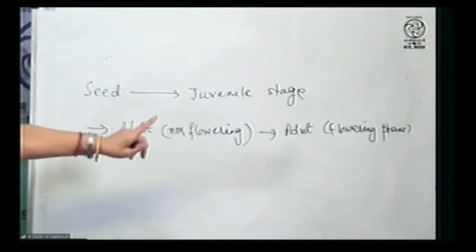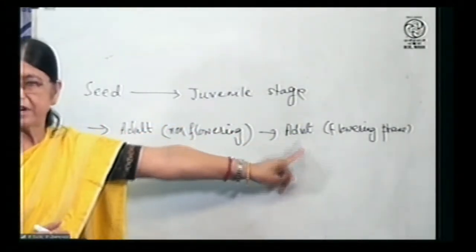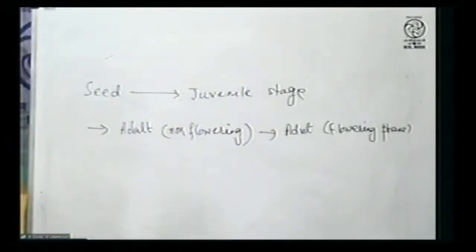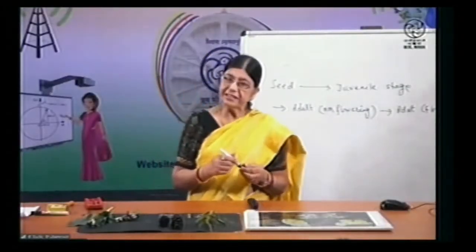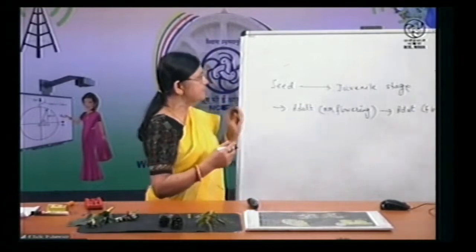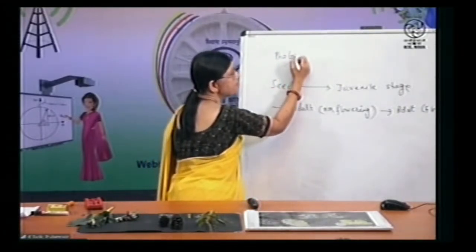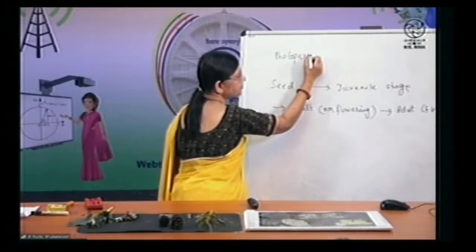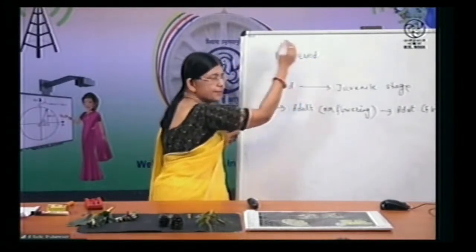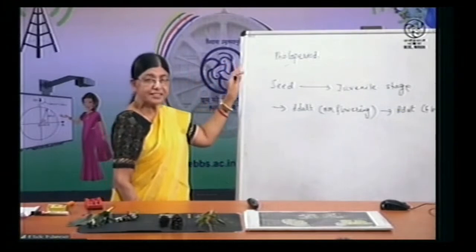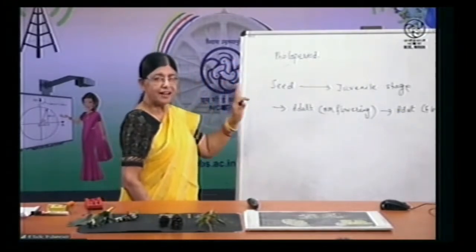So the question comes, what causes flowering? When there was no flower, what are the conditions for bearing flowers? There are two conditions. Internal factors are there, external factors are also there. Among external factors, photoperiodism is the main factor. I'm not going into details because you already learnt about it in standard 11.